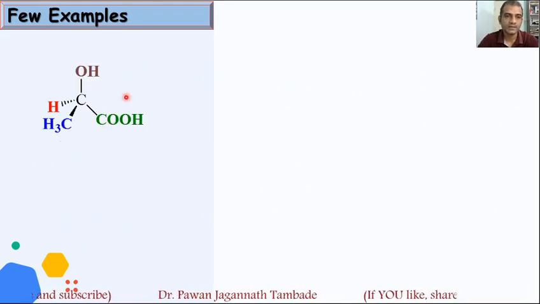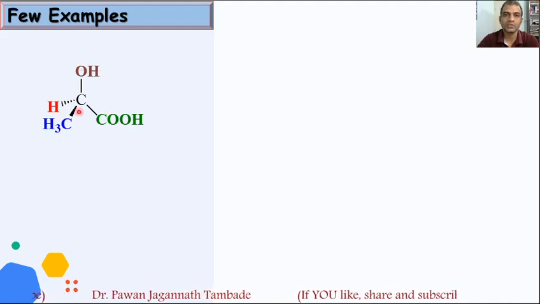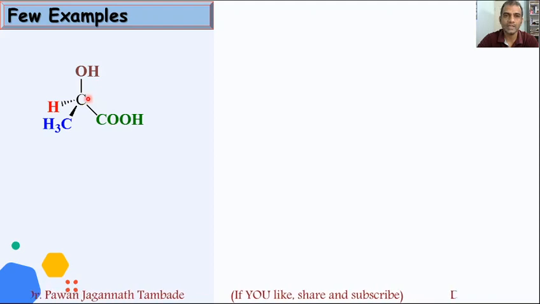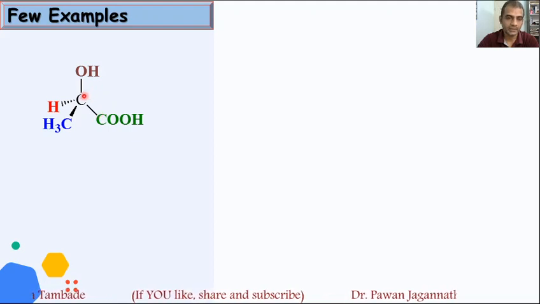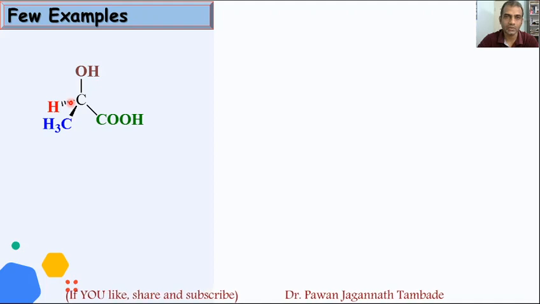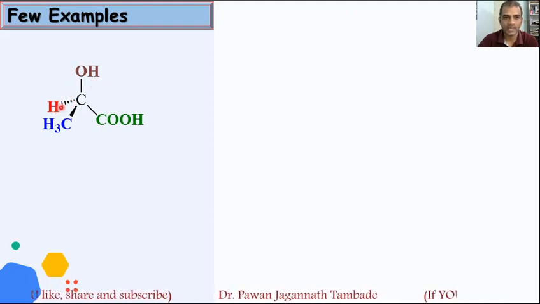Consider this molecule, and we need to assign R or S configuration to it. If you look at this molecule, this carbon is attached to 4 different atoms or groups, and when we try to assign priority, this carbon is directly attached to oxygen, carbon, carbon and hydrogen. Obviously, this OH group will get first priority and this hydrogen will get last priority.